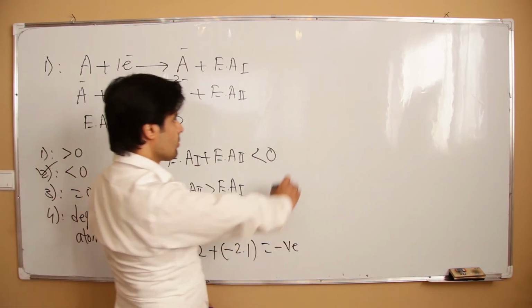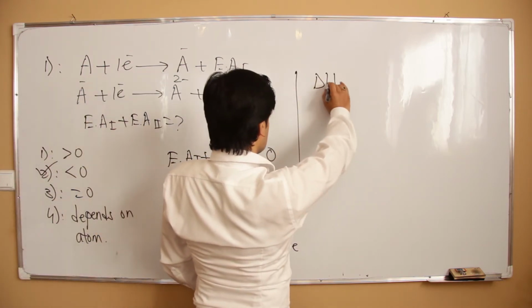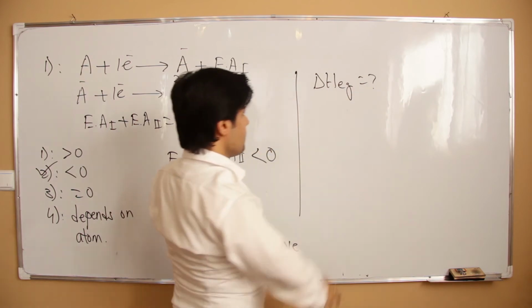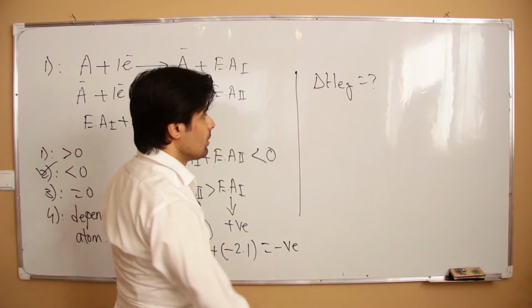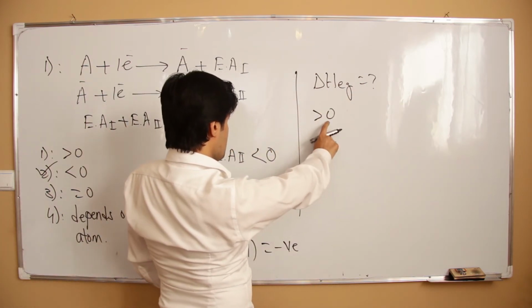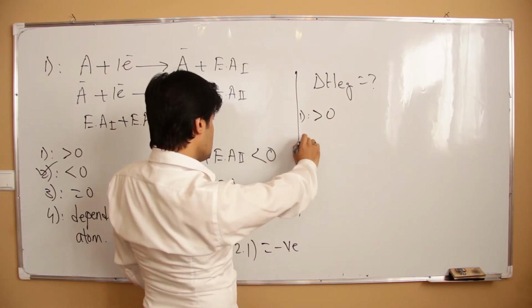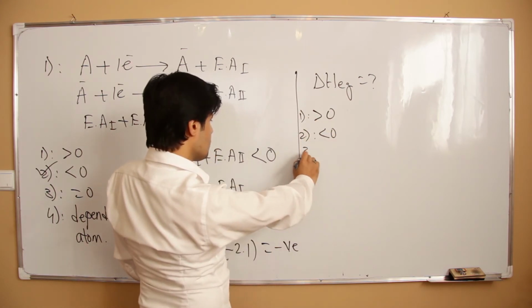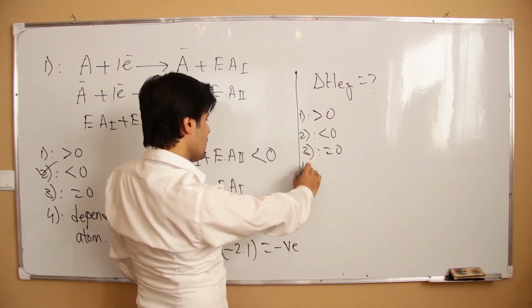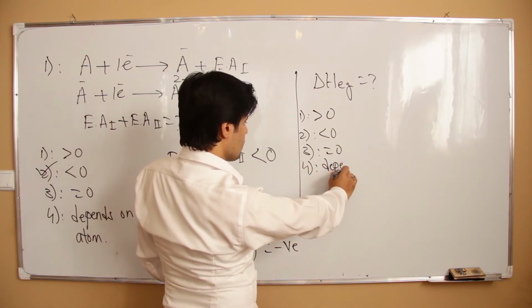If we are talking about delta H, I mean electron gain enthalpy, this one is number 1 greater than 0, number 2 smaller than 0, number 3 equal to 0, and number 4 depends on the atom. What do you think?